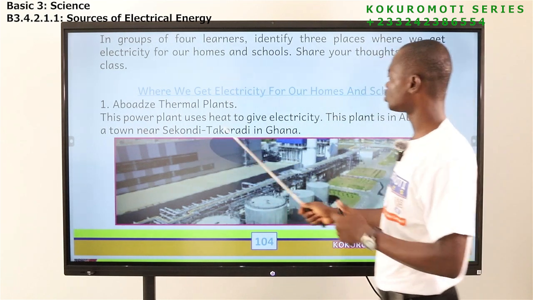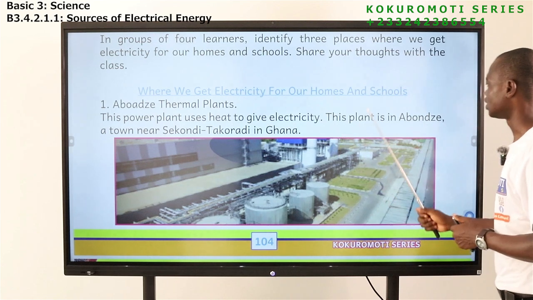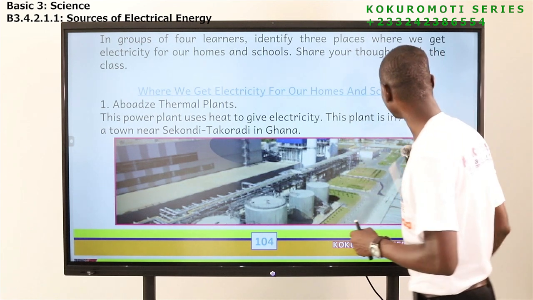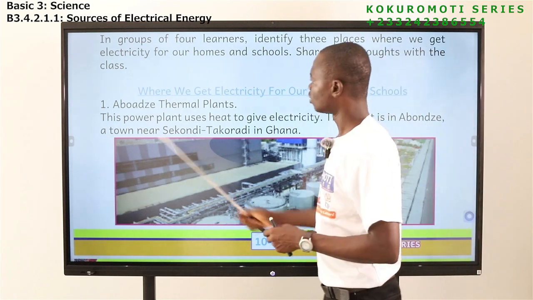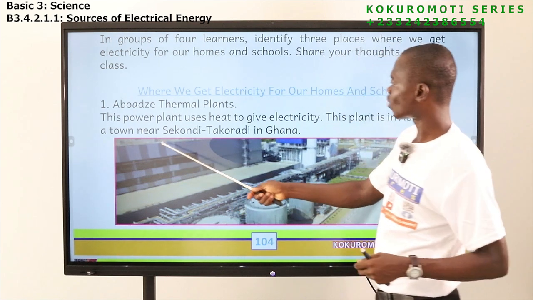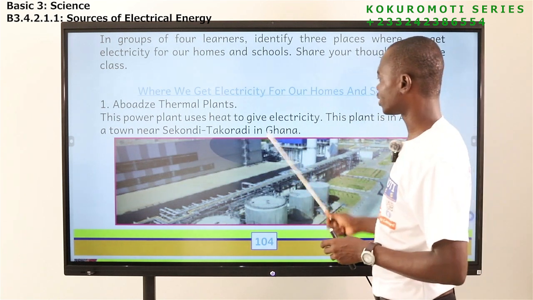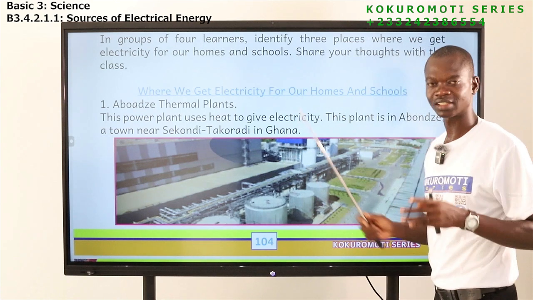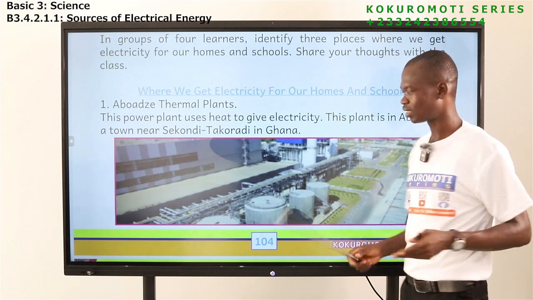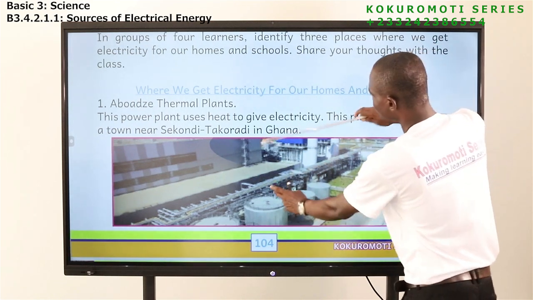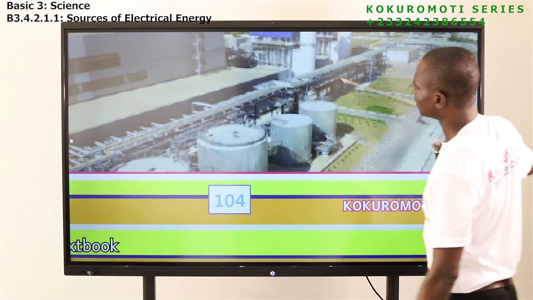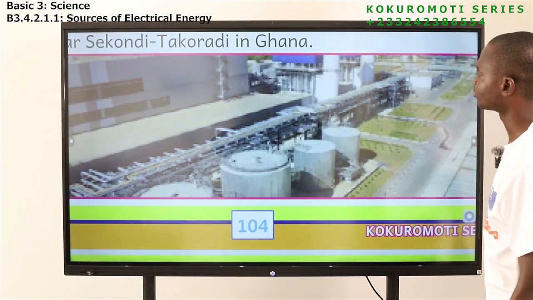So this power plant uses heat to give electricity. If you go to Sekondi-Takoradi in Ghana, there is a town there called Aboadze, and this is how the place looks like.